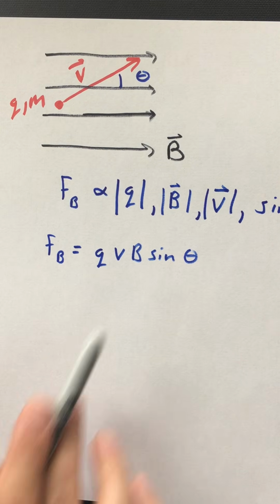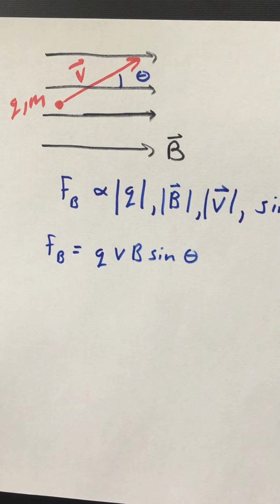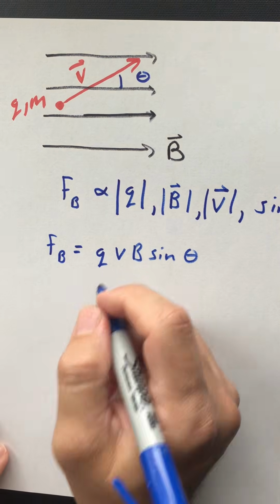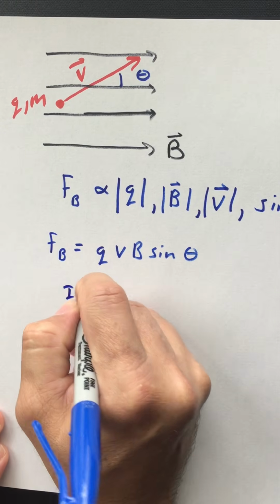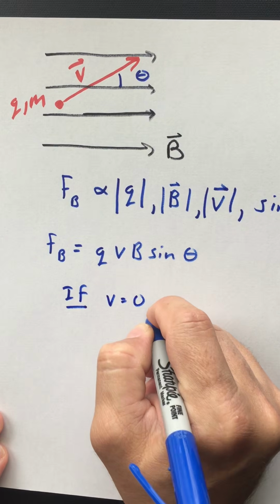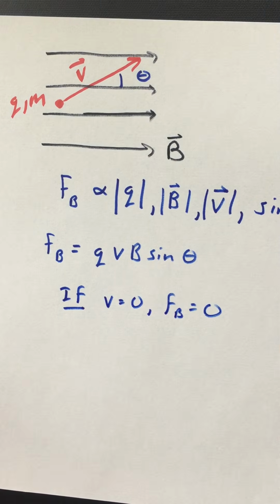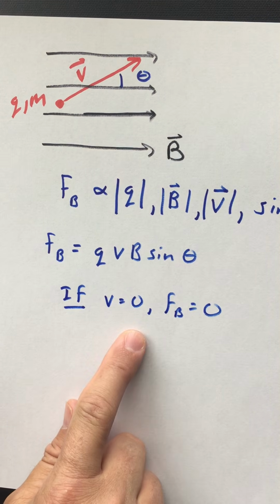This, though, leads to some really interesting situations if I look at some extreme cases. So notice if V is equal to 0, the force felt by the particle is equal to 0. That, I think, is really interesting and also just really weird.